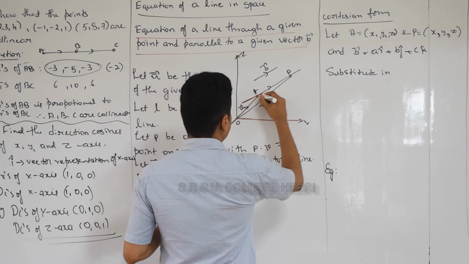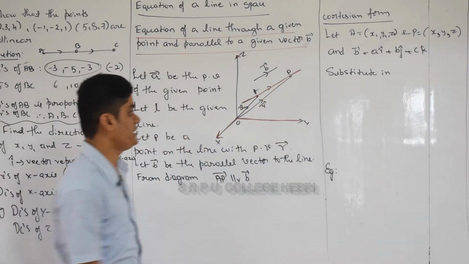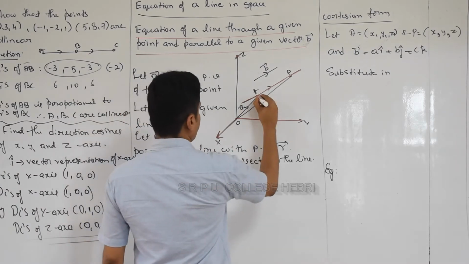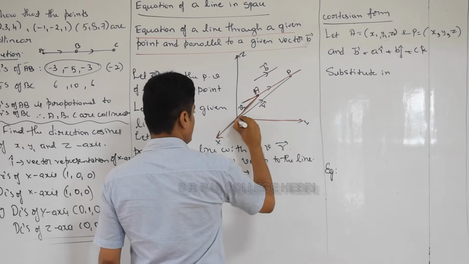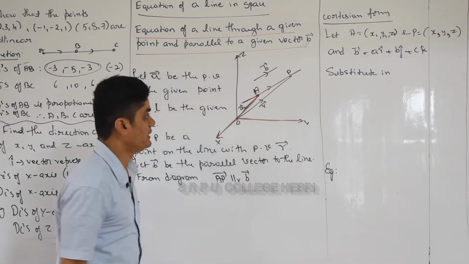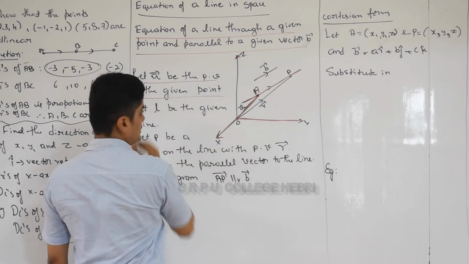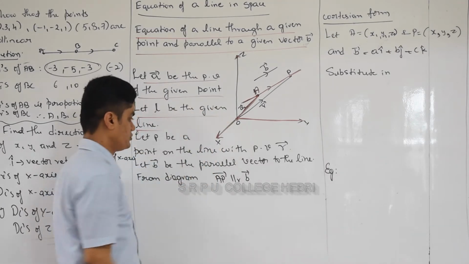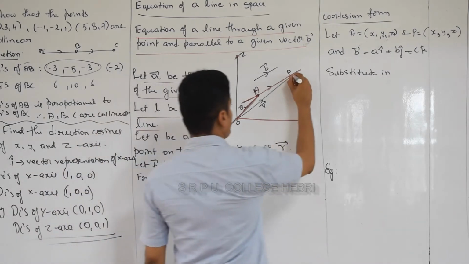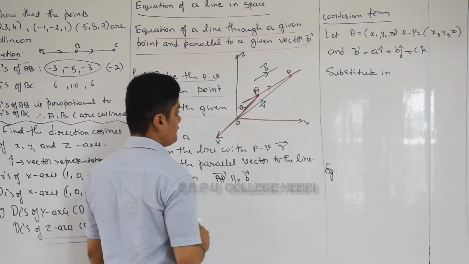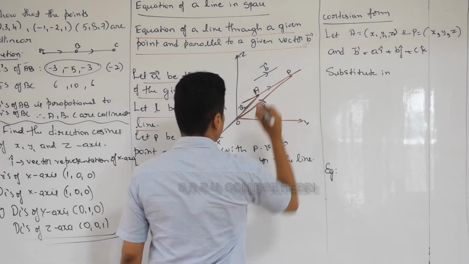Now take a point on the line with the position vector, vector A. Let vector A be the position vector of the given point, and L be the given line. Already I told about this. Now consider one point P on the line with the position vector, vector R.